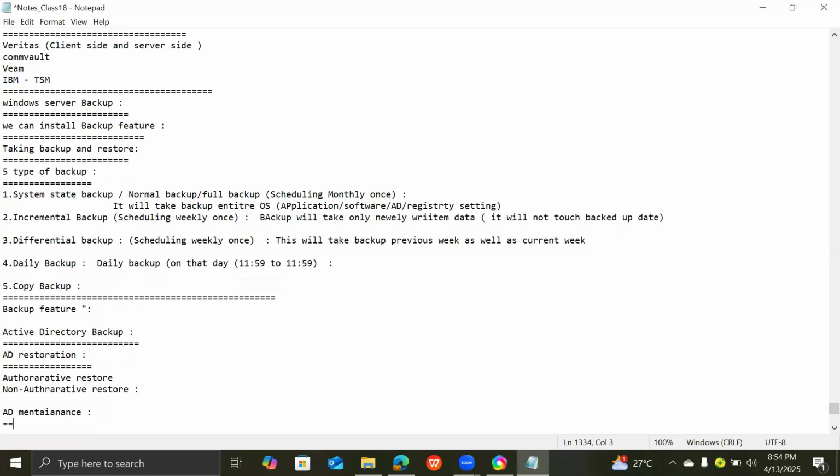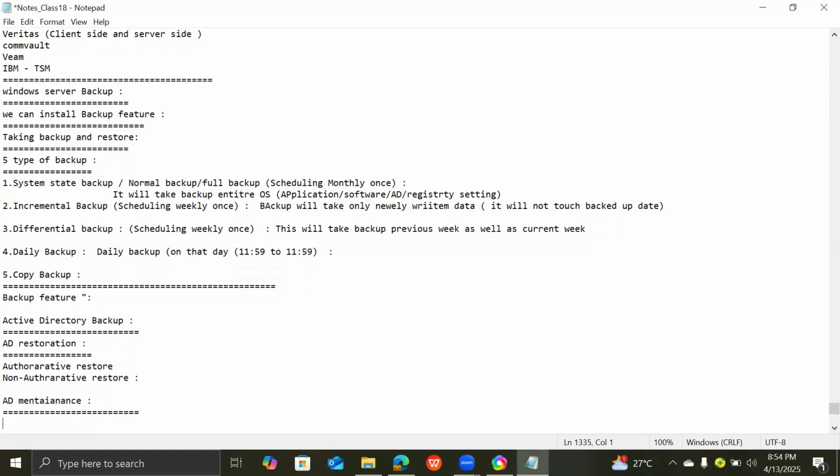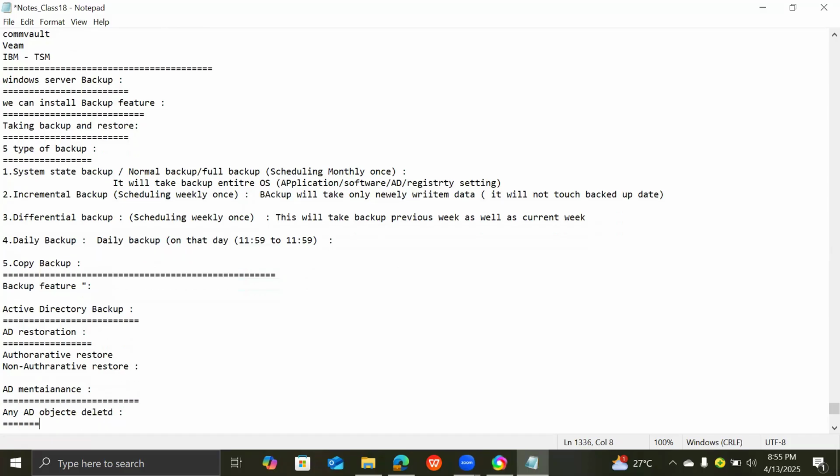What is Active Directory maintenance here? Any Active Directory object that is deleted, by default, will not be deleted permanently.